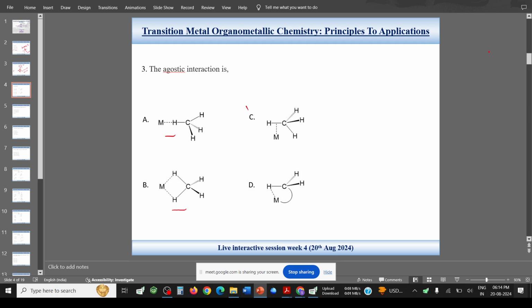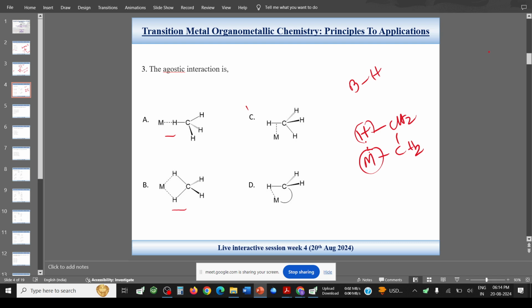That is right. Here you can see in the last we have discussed the beta hydride elimination. So in beta hydride elimination, we have metal attached to CH2, CH2, CH3. So this interaction between the metal and hydride gives the beta hydride elimination. So this is a kind of agostic interaction.